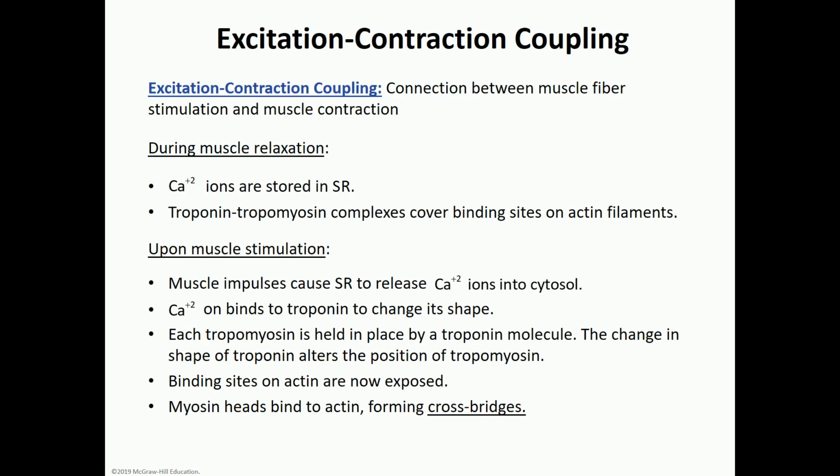Now, moving on to the rest of the story of muscle contraction, we have what is known as excitation-contraction coupling, which is basically the coupling between the excitation of the muscle and the contraction of the muscle. So now that we have excited or stimulated the muscle fiber, what happens in order for the muscle to contract?